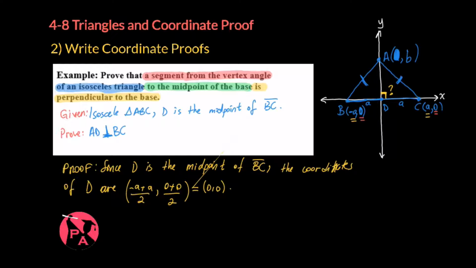This leaves us segment AD. Segment AD lies on the y-axis. Right now what we have is this segment right here, segment AD, lies on the y-axis. We also know that segment BC lies on the x-axis, and therefore they are going to be perpendicular, because the axes are perpendicular. The angle between the axes is 90 degrees. So let's continue writing it.